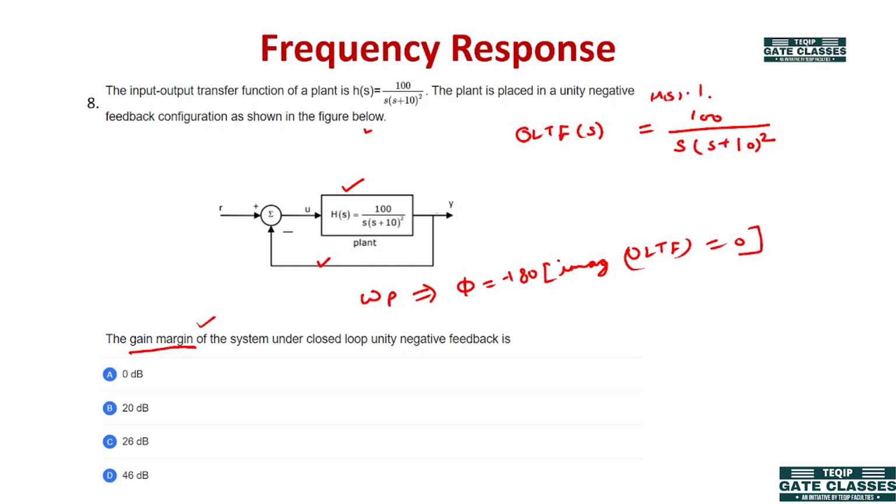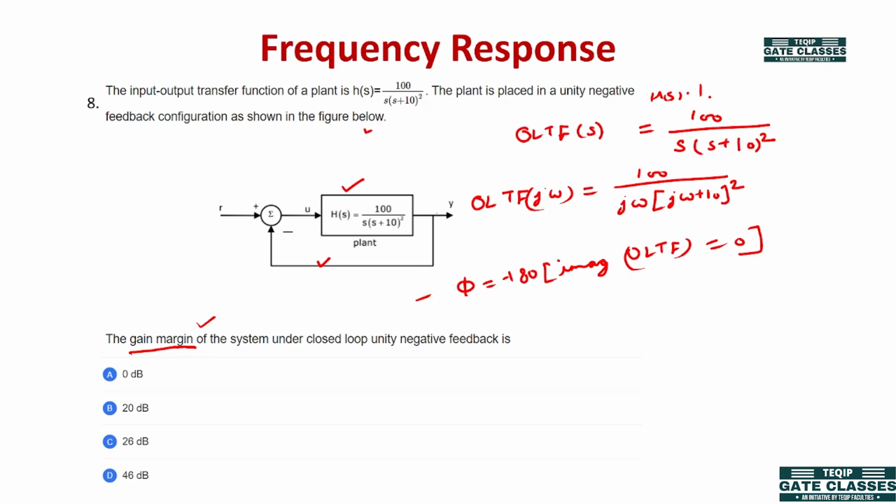So we have to calculate the imaginary part of this particular open loop transfer function. Here we have the open loop transfer function in j omega form equal to 100 upon j omega into (j omega plus 10) whole square.